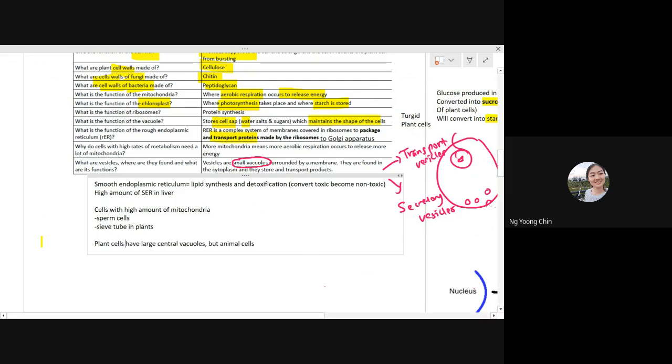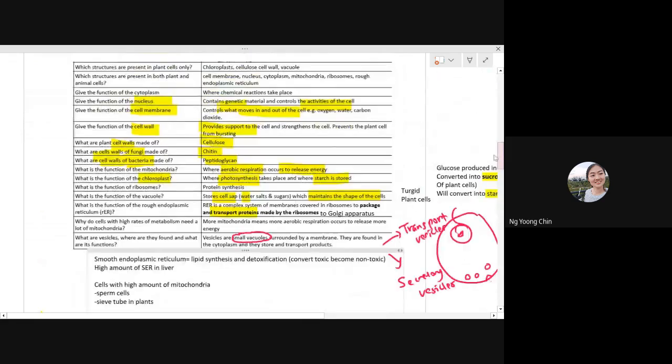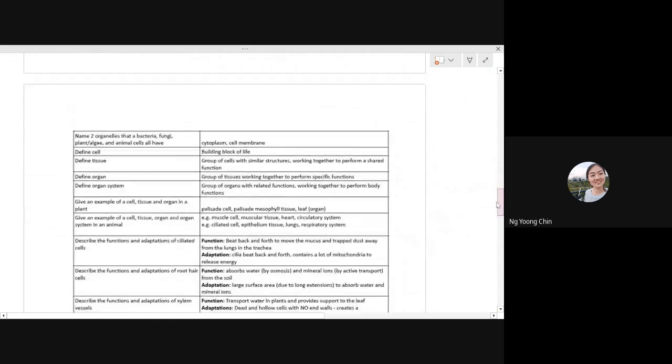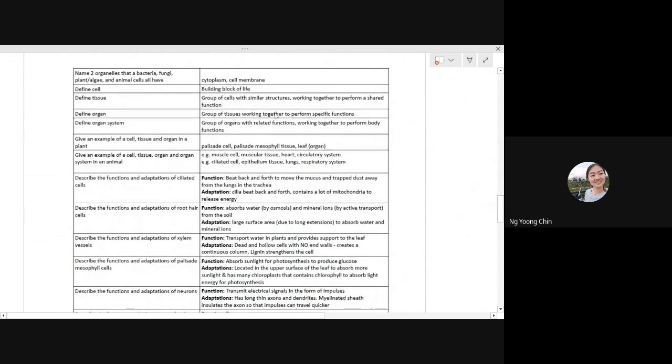Plant cell have a large centralized vacuole, but animal cell, they only have small vesicle or small vacuole. That's all. So vesicle are usually found in the cytoplasm, so they will help to transport the product. Okay, so yeah, and then those are the distribution.